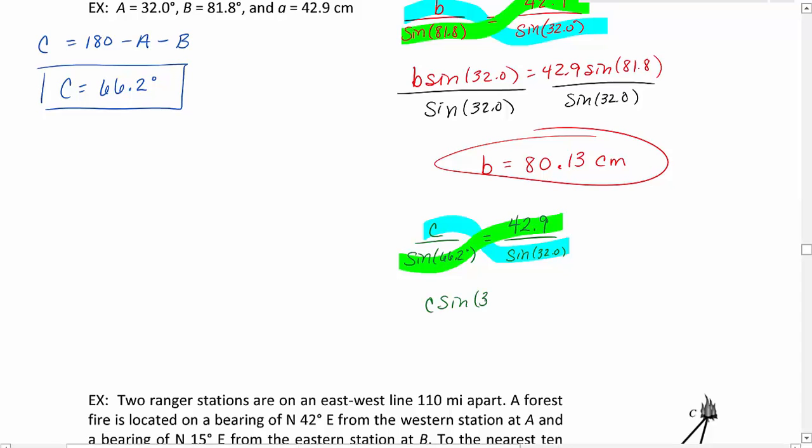C times sine of 32 degrees is equal to 42.9 times sine of 66.2 degrees. And then we divide.